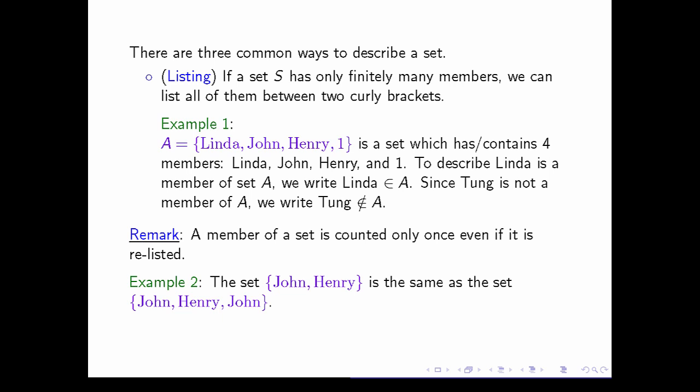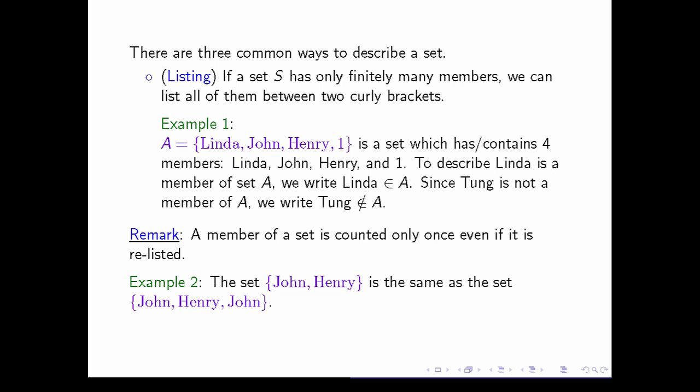So we have a set A containing 4 members: Linda, John, Henry, and number 1. So we put these 4 members between two curly brackets. And we write A equals open curly bracket, Linda, John, Henry, 1, close curly bracket.